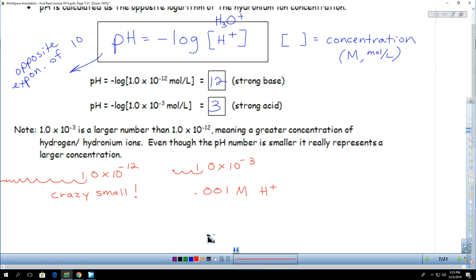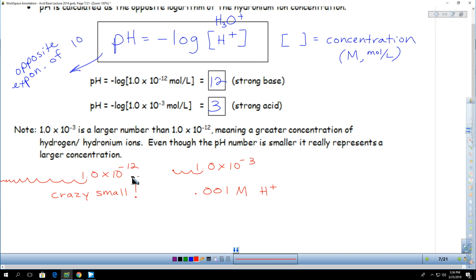So now if I compare the two, this is still a small number, but it's bigger than this number. And when we're talking about an amount of hydrogen in the solution, this would be more acidic. And this being so small, we'd really end up calling it a base, but there's a very insignificant amount of hydrogen. Who could even measure that realistically? I can't measure that number in our lab, 10 to the negative 12. That's crazy tiny.